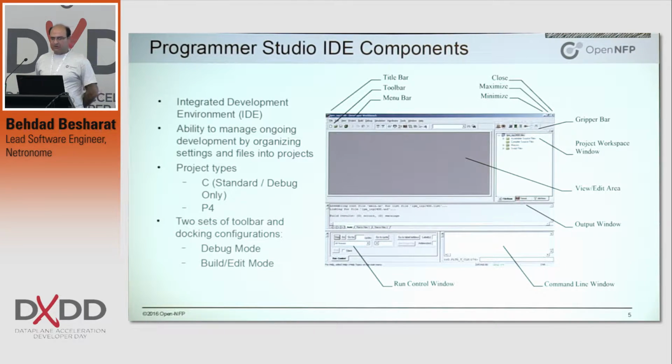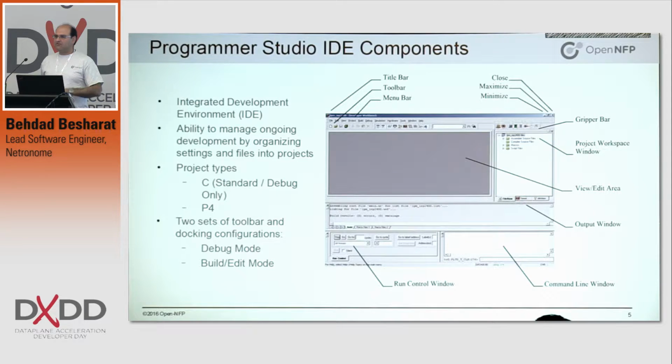Also, there are two different ways that you can create a project with the SDK. There's a standard project, which is the C project. This standard project can be a debug-only project, which means you build the object file outside the Program Studio, for example, using the command line on Linux or on Mac.